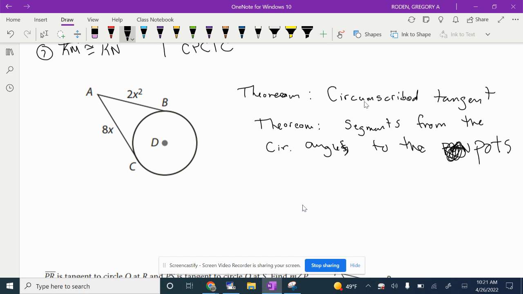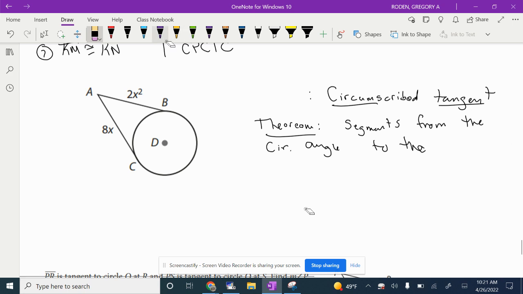I know it's confusing, right? Why am I writing theorem so many times? So we're talking about the circumscribed tangent theorem, class. Segments from the circumscribed angle, to the POTs. What does POT stand for, class? Point of tangency. Are congruent. Okay, does that make sense, class?